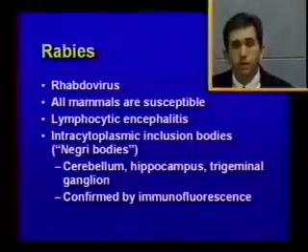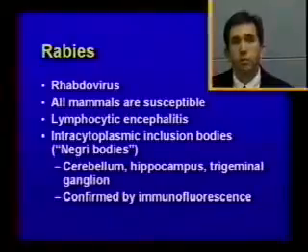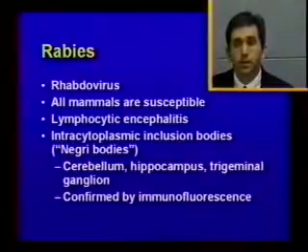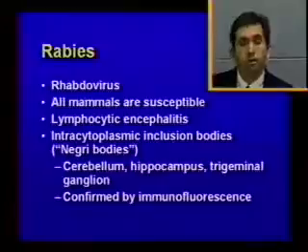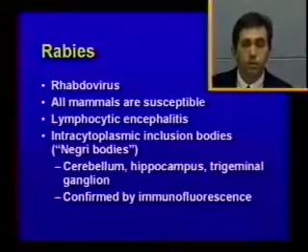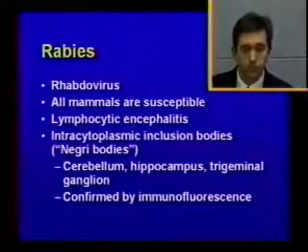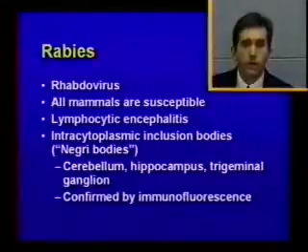And so any neurological disease in an animal that has particularly been unvaccinated or has been housed in an area that is known to harbor wild animals such as raccoons that harbor this virus are considered to be potentially rabies infected. The hallmark of the histological lesion of this condition is the Negri body.